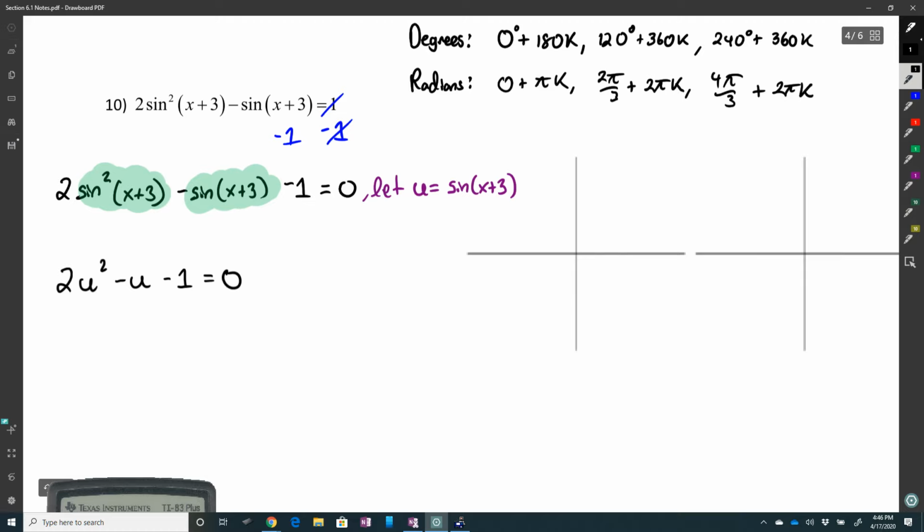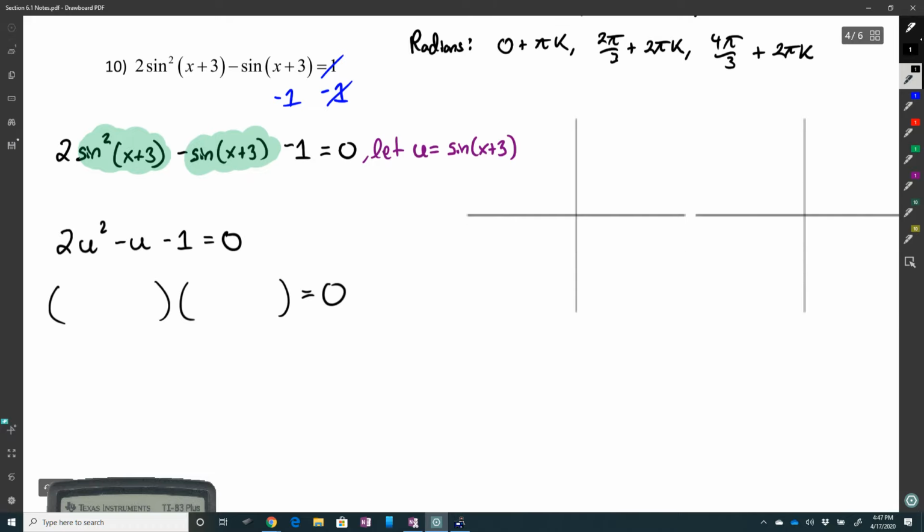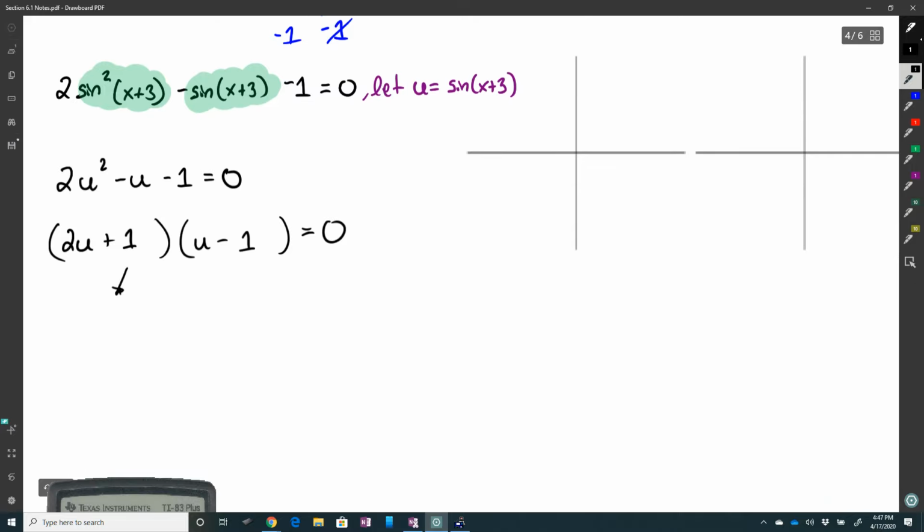Well, this is actually something that can be happily factored. And if you're not a friend of factoring, you can always use your other friend, the quadratic formula. But this one's factorable. It's actually 2u plus 1, u minus 1. And then each of these is its own thing. So 2u plus 1 equals 0, and u minus 1 equals 0.